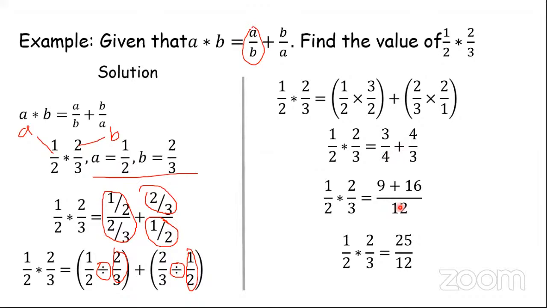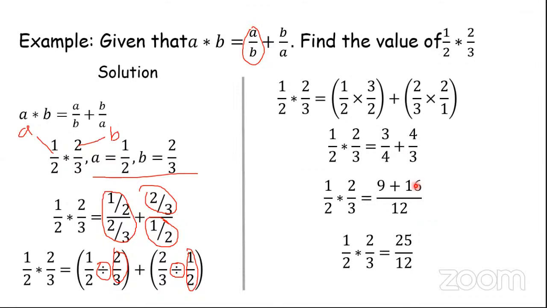So we are getting 12, which is the LCM. We divide by 4, and it gives us a 3. So we multiply by this 3 to come up with the 9. Then we still get 12 divided by 3. It gives us 4. 4 times 4 gives us a 16.